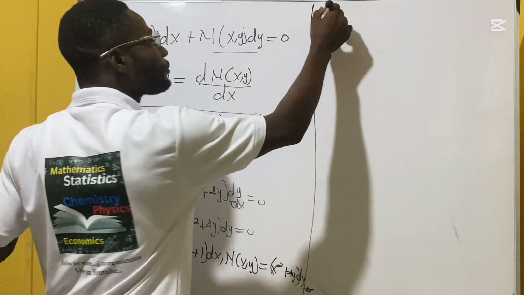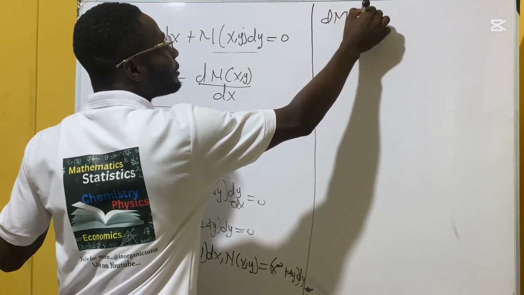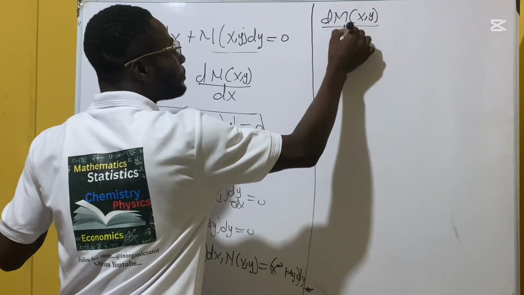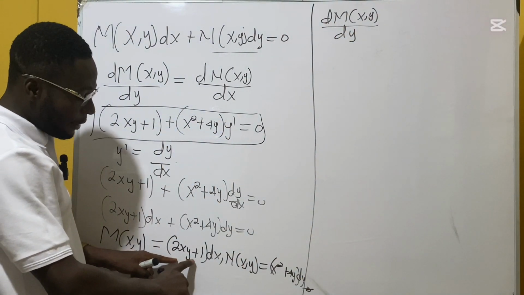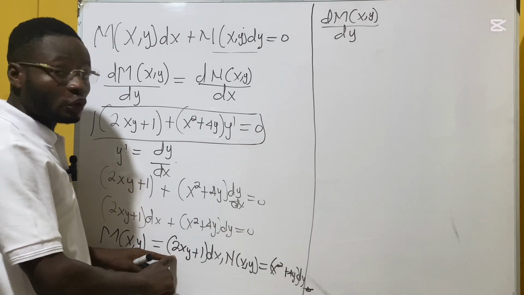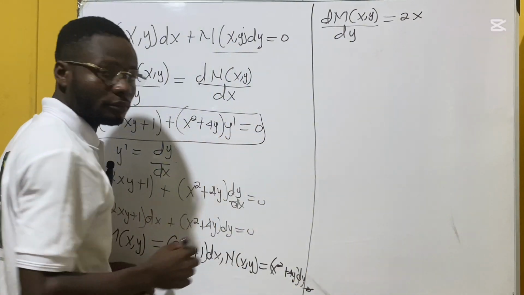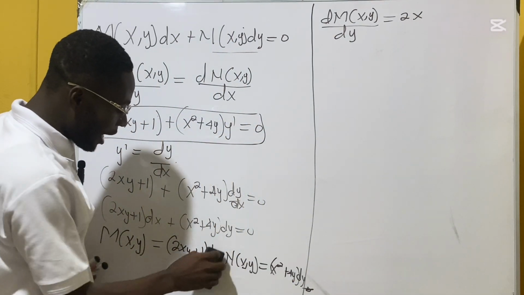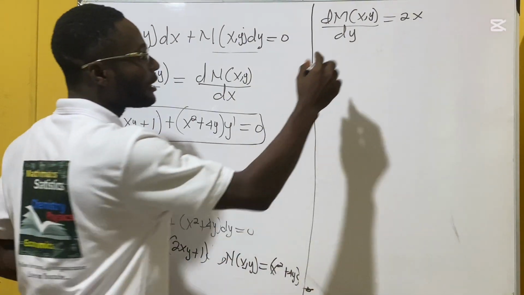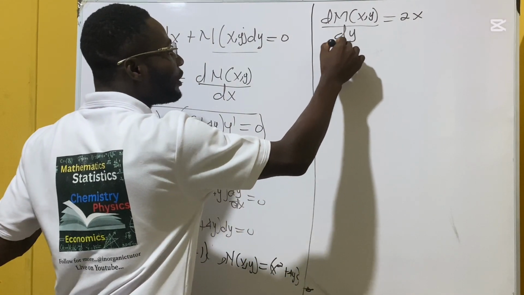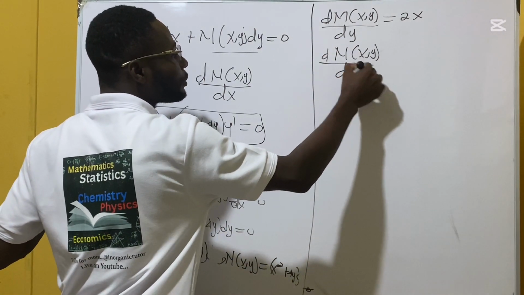So here, the derivative of M of x and y with respect to y: when you differentiate 2xy plus 1 with respect to y, we are going to have 2x. So this is basically equal to 2x. Once we have that, we go for the other one, the differential of N of x and y with respect to x.